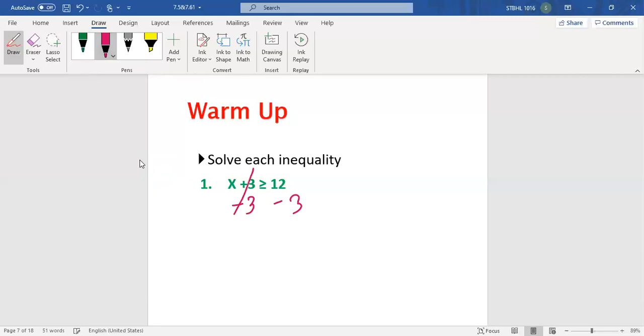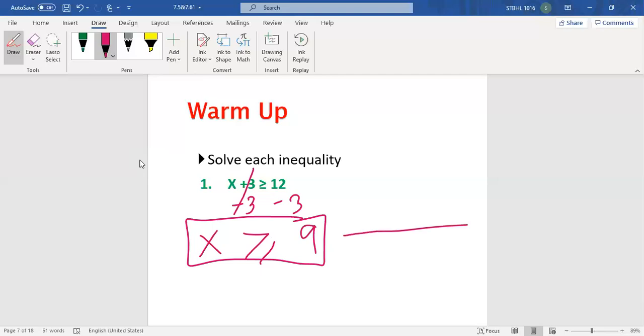So x is more than or equal to 9. This is the answer, and that means all the numbers more than 9, including 9, are the solution set. You can draw it on the number line. This is 9, indicated by a shaded circle because it has an equal sign, and go to the right side.